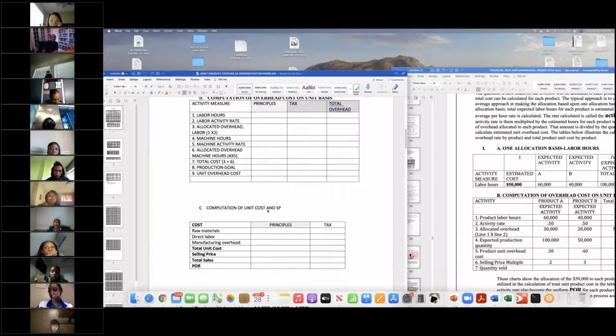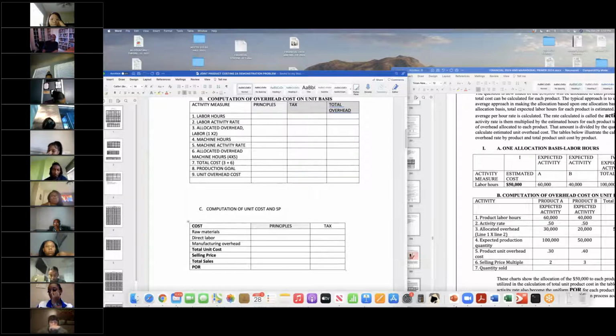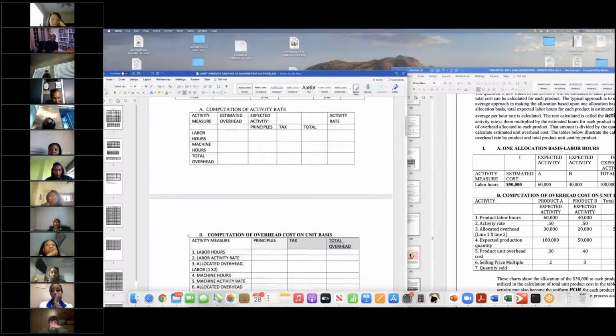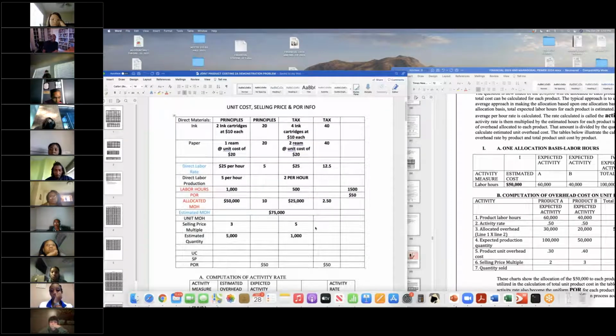Then you're going to compute the unit cost and selling price for the principal's book and the tax book. So that sounds like a lot, but it's really not. You've got to pull in the appropriate information. And as I told you, it's always the unit cost, selling price, and the POR. Don't worry about the total sales here. Are there any questions?